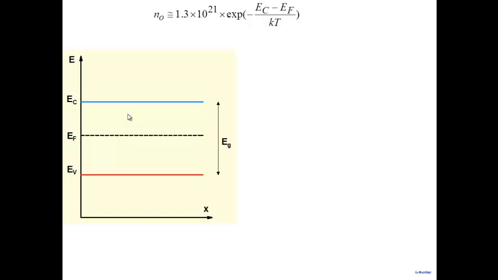It's only saying probability of occupation. Forbidden gap means I have no states there, and therefore I have no electrons there, right? So don't get confused by that. All that is saying is, if there were an energy state, its probability of occupation would have been 0.5 here. And as I said, if you introduce some defects, you could get some states in the energy gap, and then we can calculate the probability of occupation of that particular state.